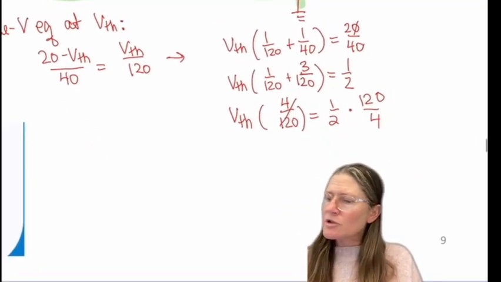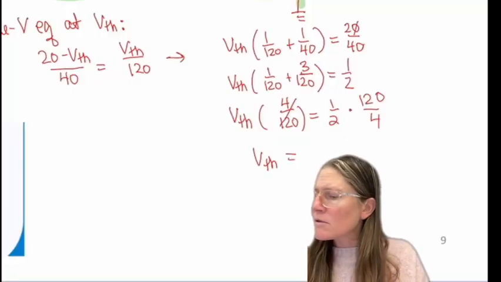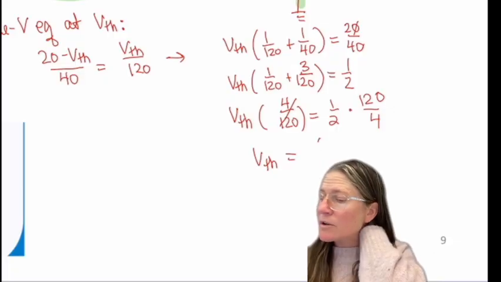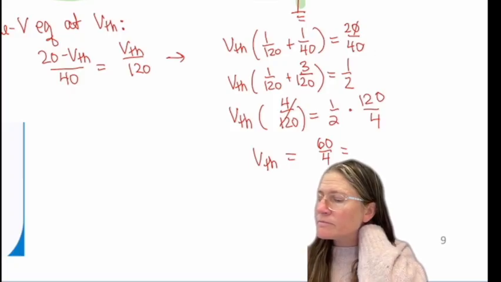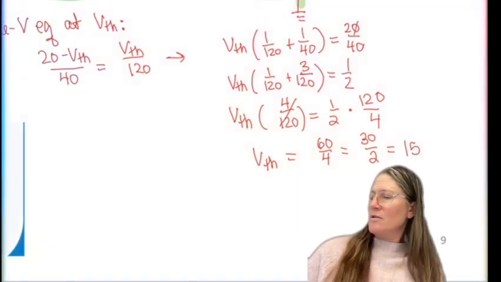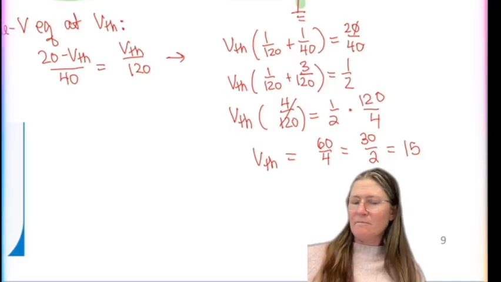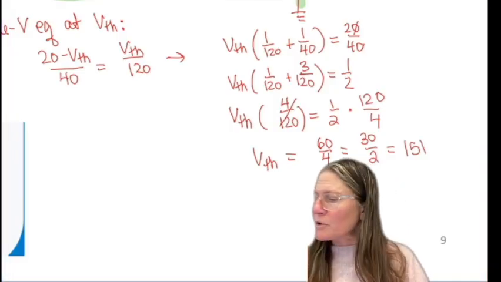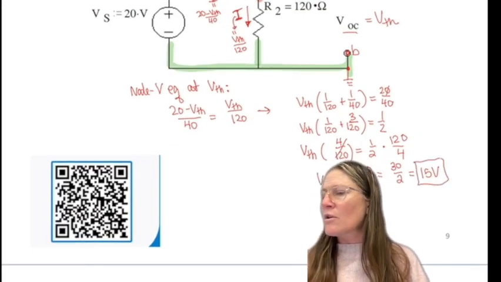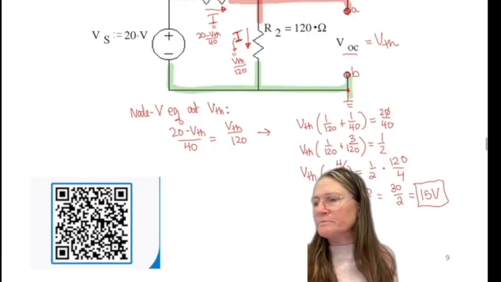So VTH is going to be 2 into 120 is 60 over 4, or 15. Is that right? Yeah. So 15 volts for the VTH.